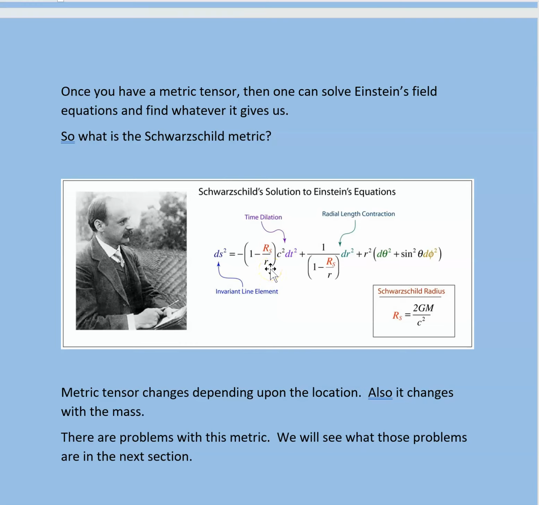And what happens when r equals rs? Then this term goes to 0, and this term goes to infinity. So r equals rs and r equals 0 are two big problems for Einstein's field equations. And that's the subject of the next lecture.